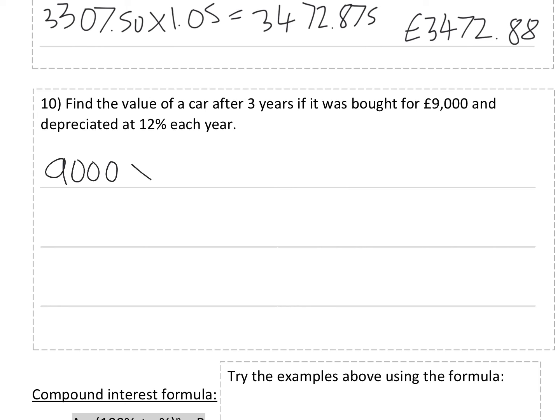So after 1 year, it would only have 88% of the value. To work out 88%, you multiply by 0.88. That gives you £7,920. So after 1 year, the car is going to be worth £7,920.